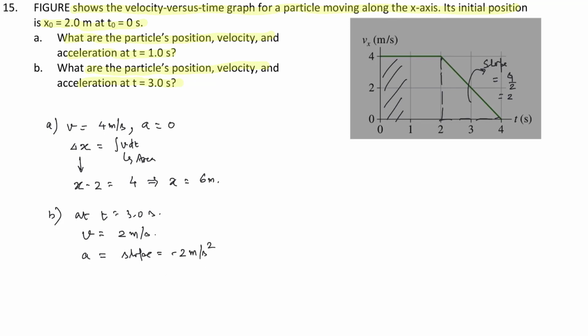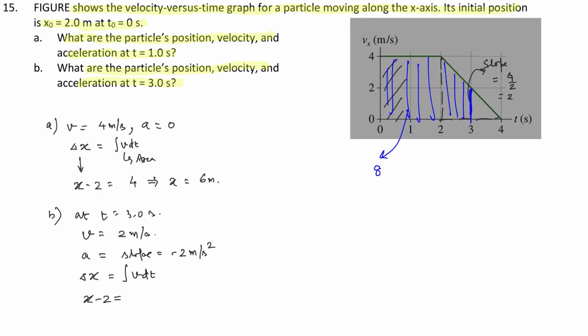Now to find position, use delta x equal to integral v dt, and for delta x, write x minus 2 and find out this area from 0 to 3 second. This area plus this area, one is a rectangle, another one is a trapezium.